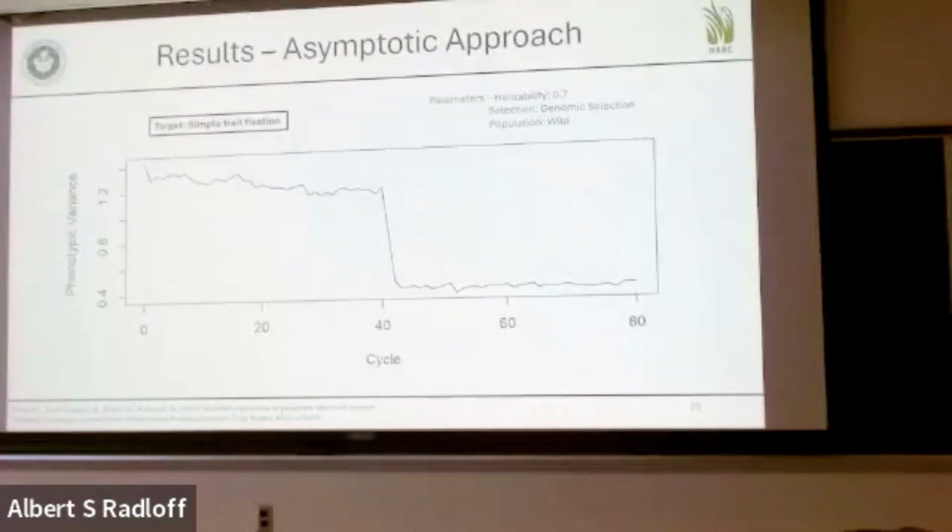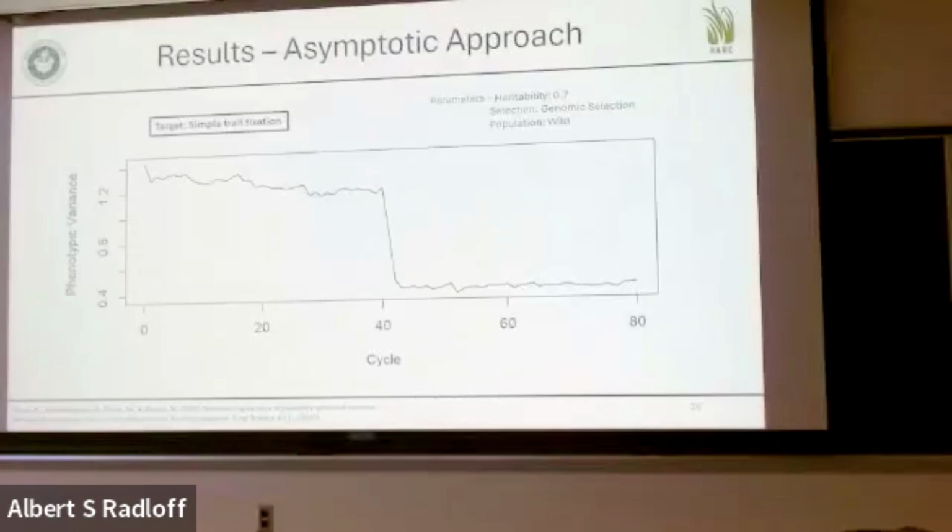And so we can look at a single case where we have a simulation and we're looking at the phenotypic variance for a simple trait that we're trying to fix. With a heritability of 0.7, I randomly selected throughout the simulations for examples. We employed genomic selection. Maybe we chose a wild species that we have a related species and we have genomic resources for it.